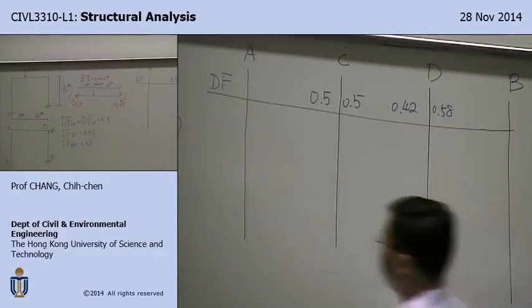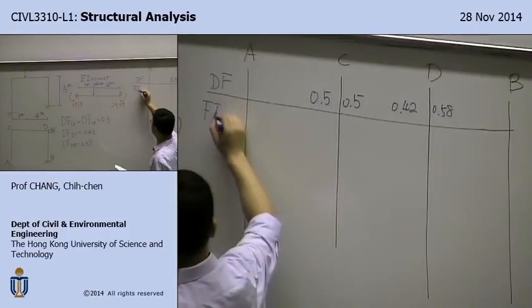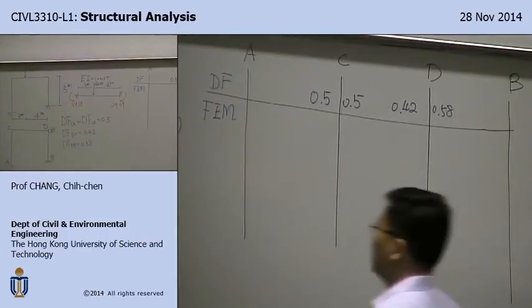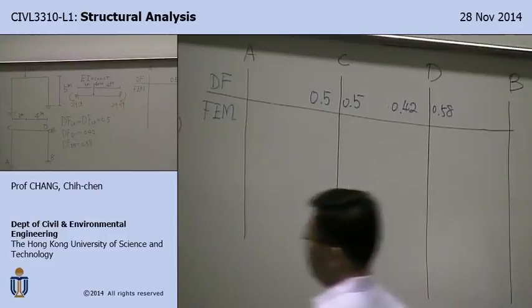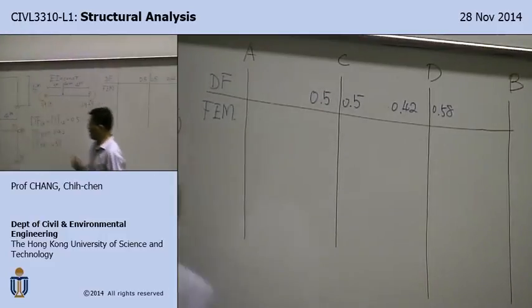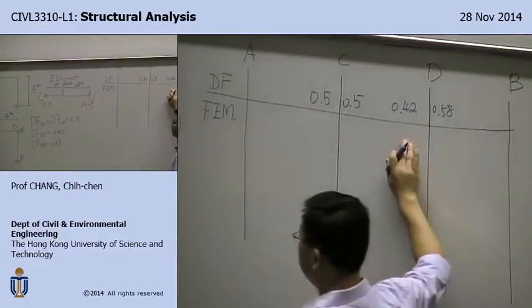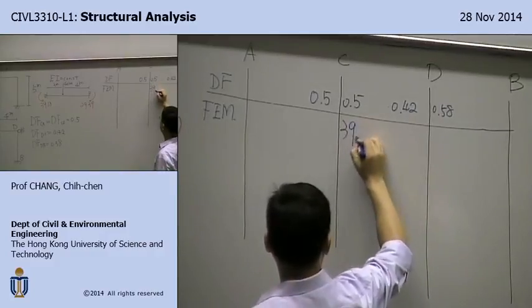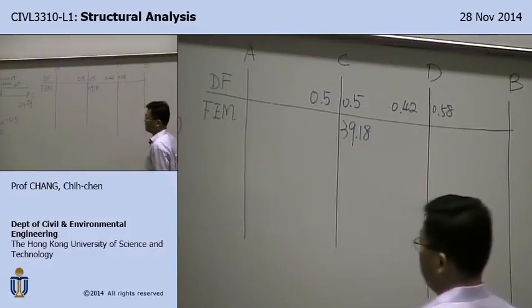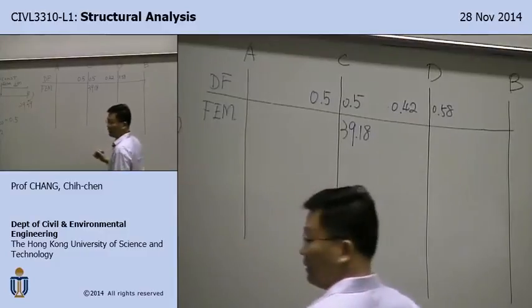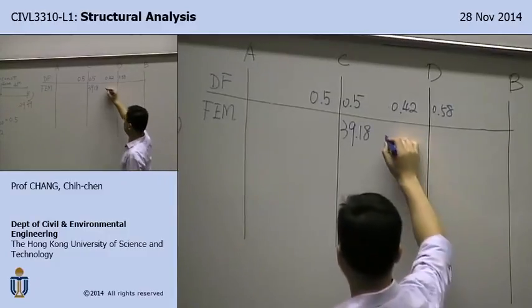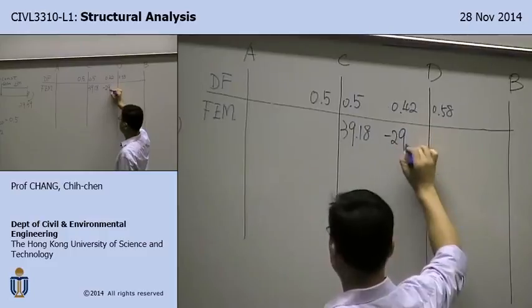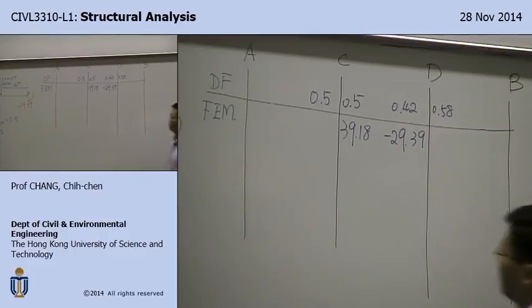And start from fixed end moment. So this is at the span of CD. So it's right here, 39.18. And this is 29.39, but it's clockwise, so it should be negative. So that's the starting point.